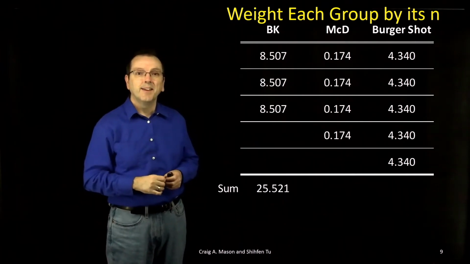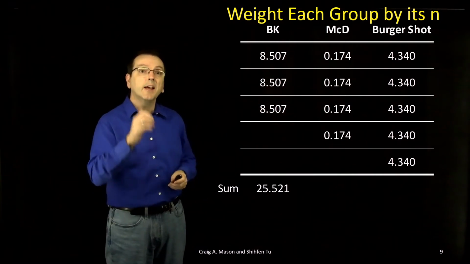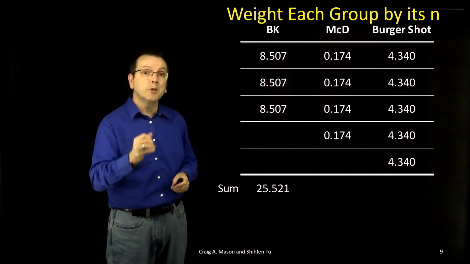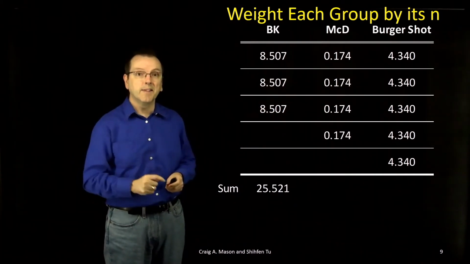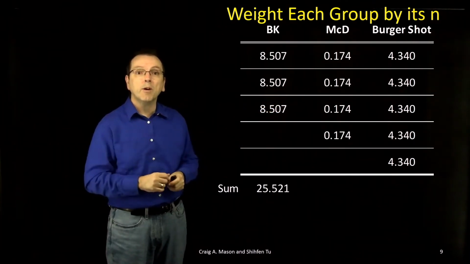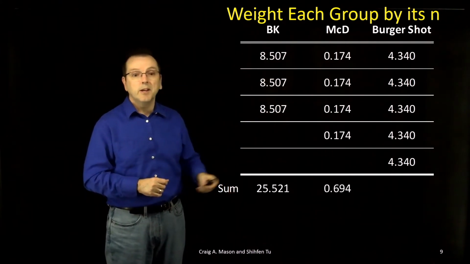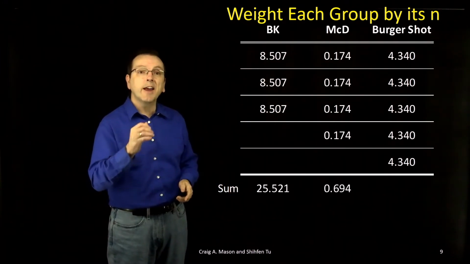25.521. And each of the four people in the McDonald's group has a squared deviation between their group mean and the grand mean of 0.174, which across all four of them sums to 0.694.